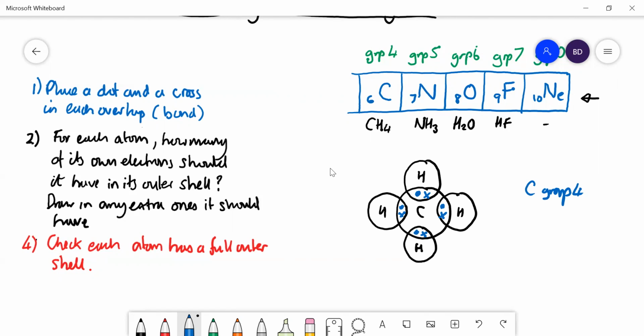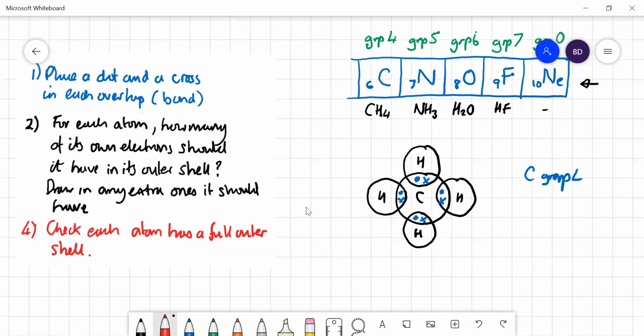And finally, in red, check each atom has a full outer shell. Does carbon have a full outer shell? Well, it thinks it's got 1, 2, 3, 4, 5, 6, 7, 8. So yes, it does. And all the hydrogens think they've got 2, which is of course the full outer shell for the first shell.